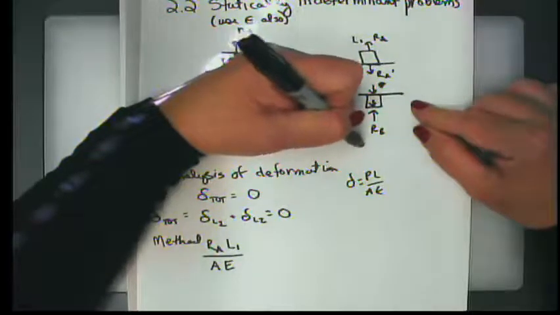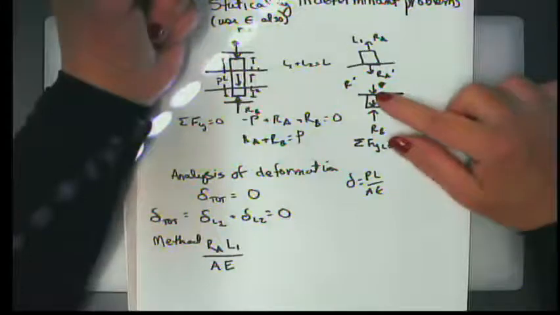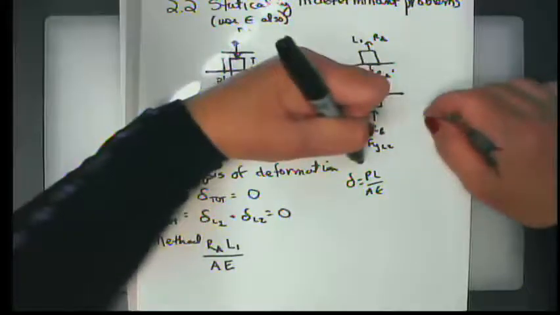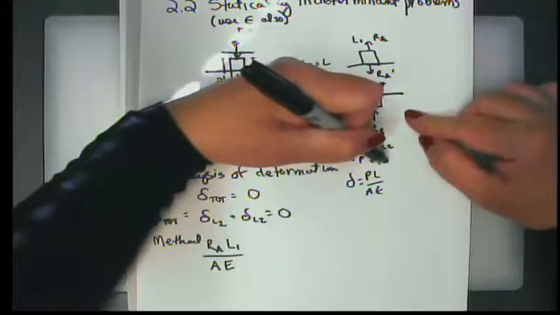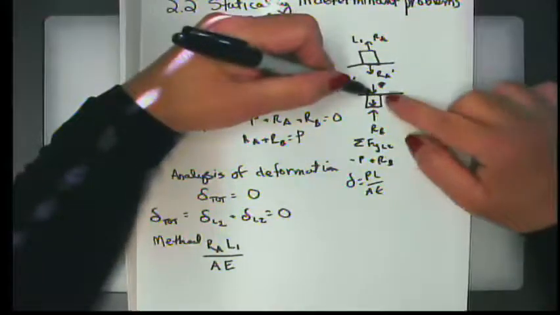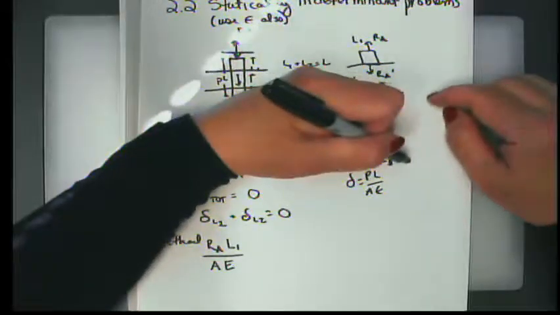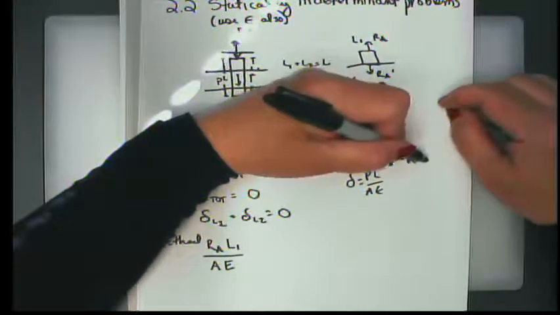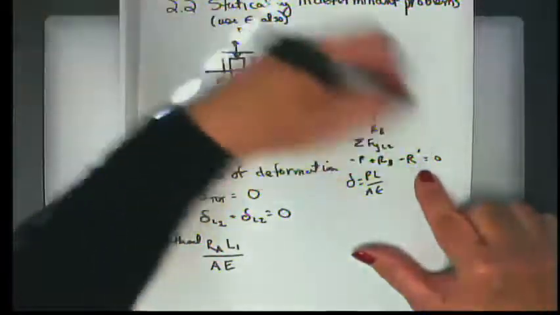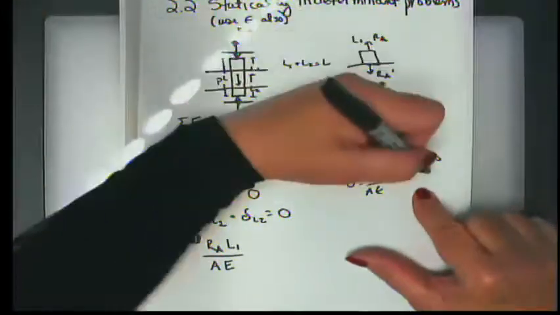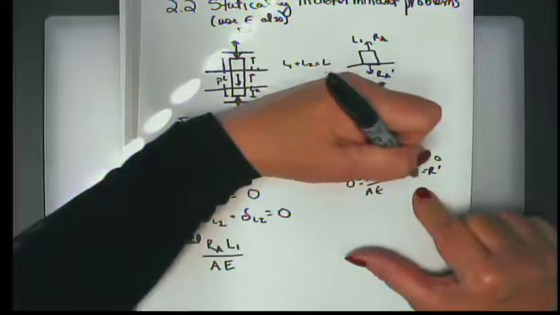So if I do the summation of forces in y in L2, I get that P, which is negative, plus RB, and the way I have this one drawn, minus my overall reaction, which I'll just call R prime, is equal to 0. Or I can say that my reaction here is equal to minus P plus RB.